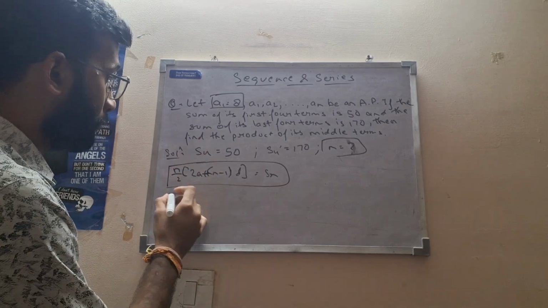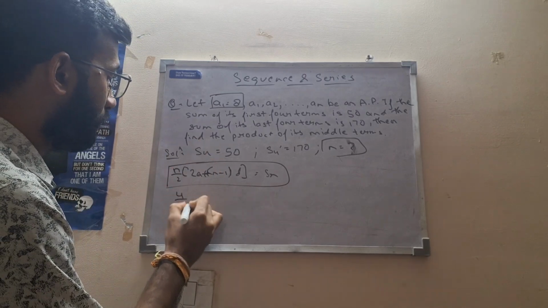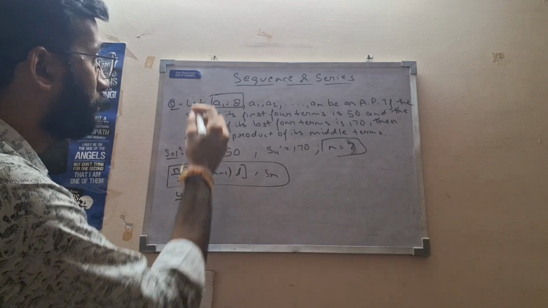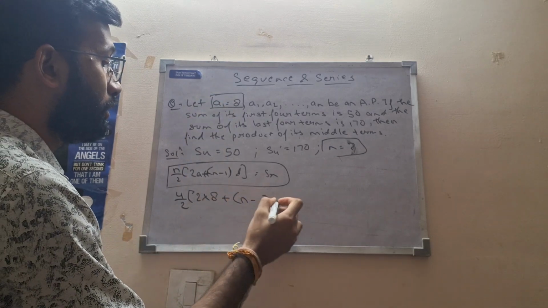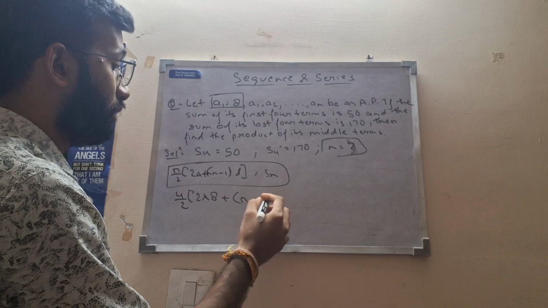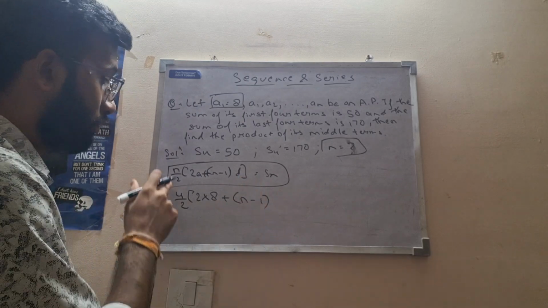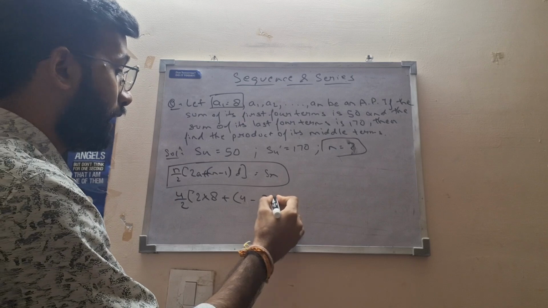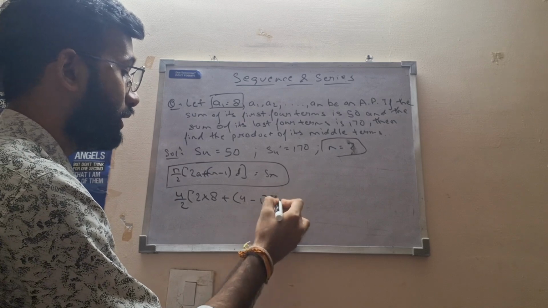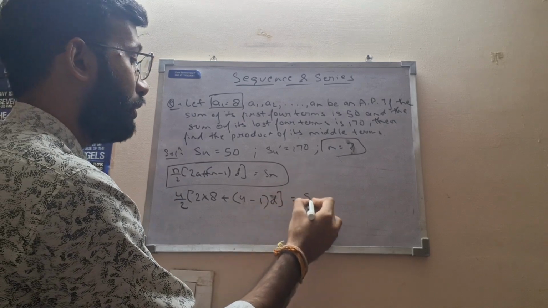Okay, so 4/2, what is the value of the first term? 8, plus (n - 1) d. We know n, since we have taken S4, so the value of n will be 4 here, and we don't know the value of d. Equal to 50.